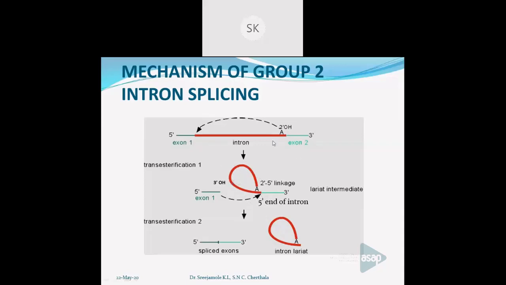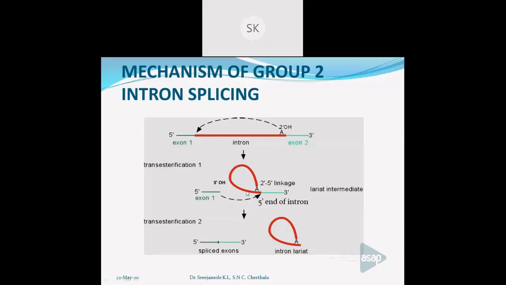So the adenine with its 2' OH end reacts with the 3' OH of the exon and splits the intron from that, and that 5' end will be attached to this adenine, forming the lariat structure.